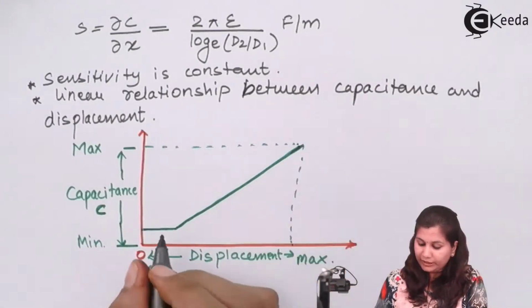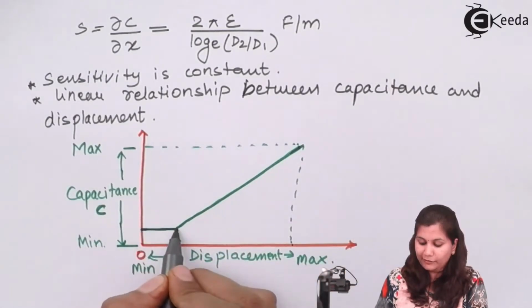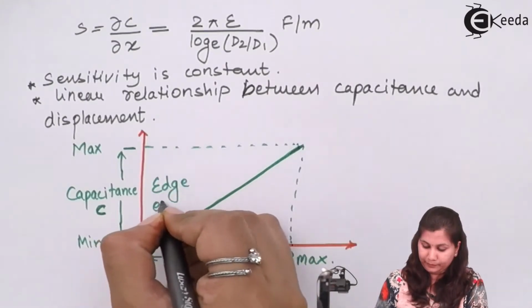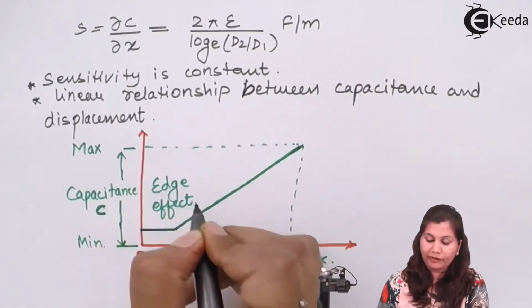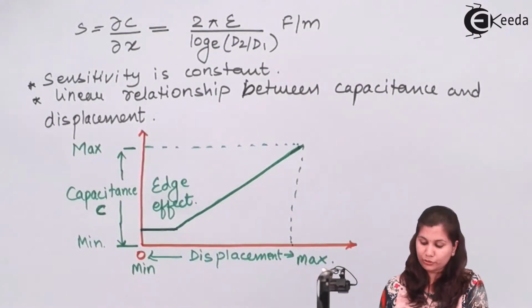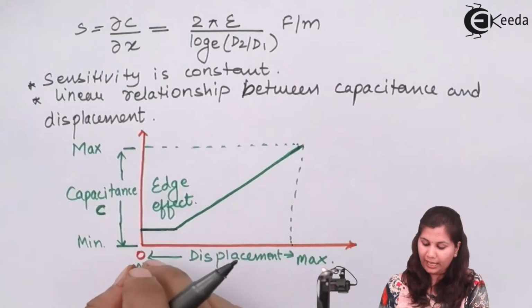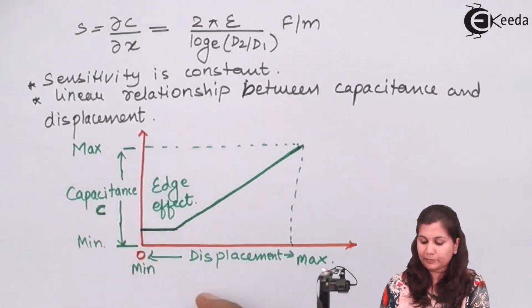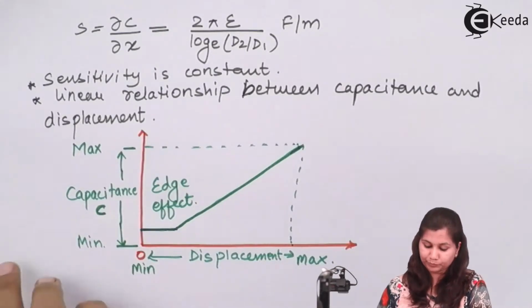In the starting, we are getting some offset value, and it is due to the edge effects. Due to the edge effects present in the capacitive transducer, in the starting we are having some non-linear relationship between the displacement and the capacitance.